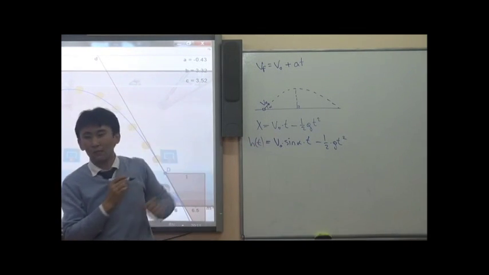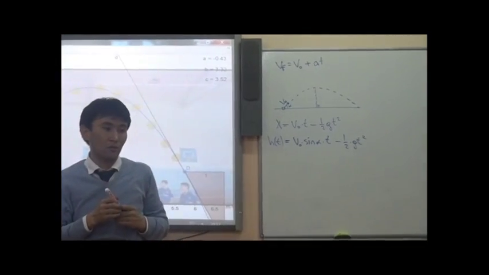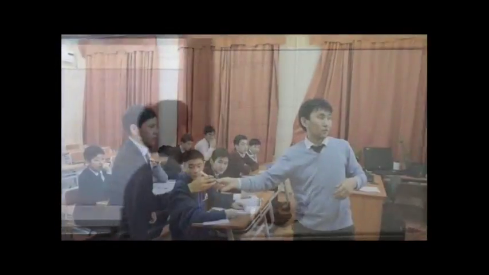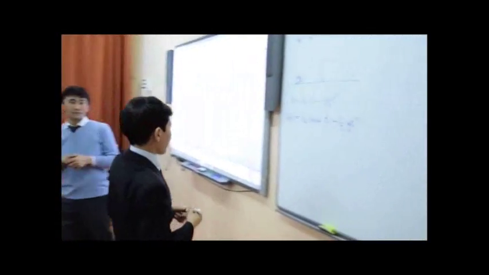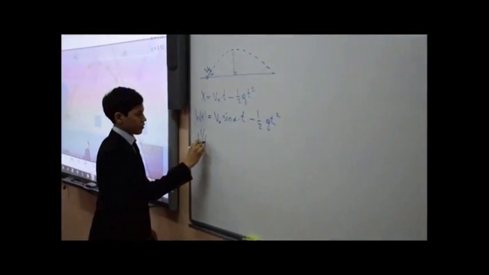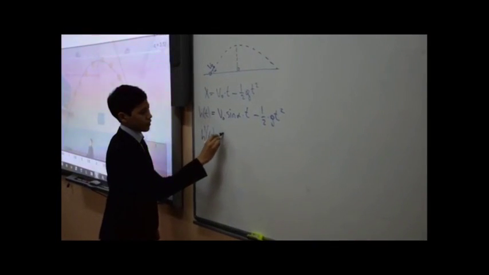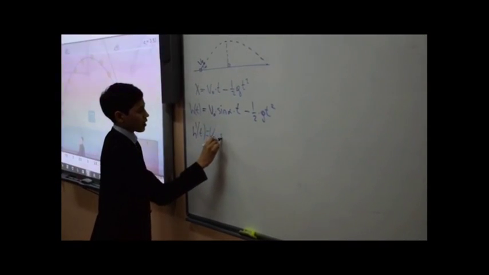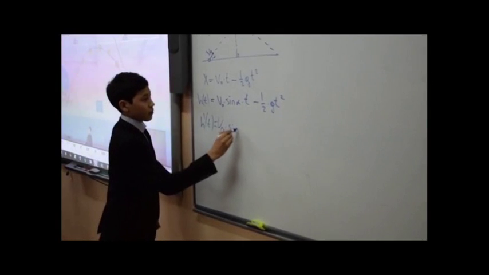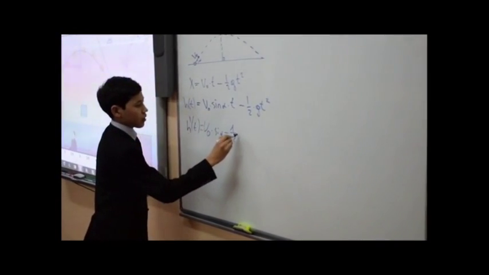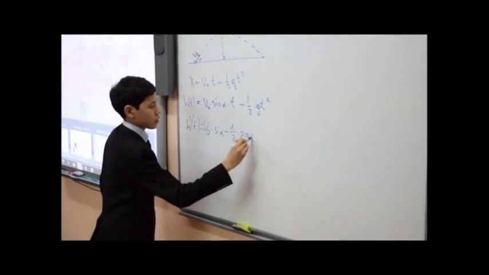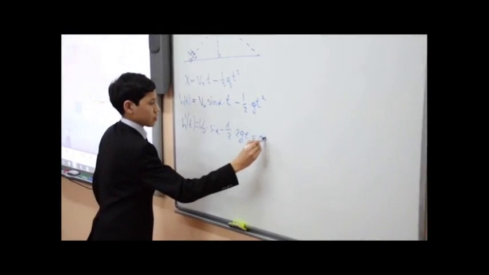I want to find the maximum height. How can we find the maximum height? Okay, solve this please. Height is derivative. When you have to take the derivative of the function: V initial multiplied by sine alpha minus 1 over 2 multiplied by 2 g t is equal to 0.